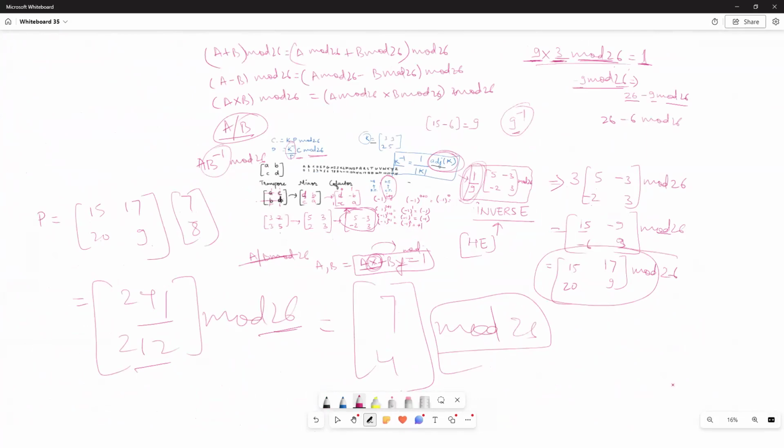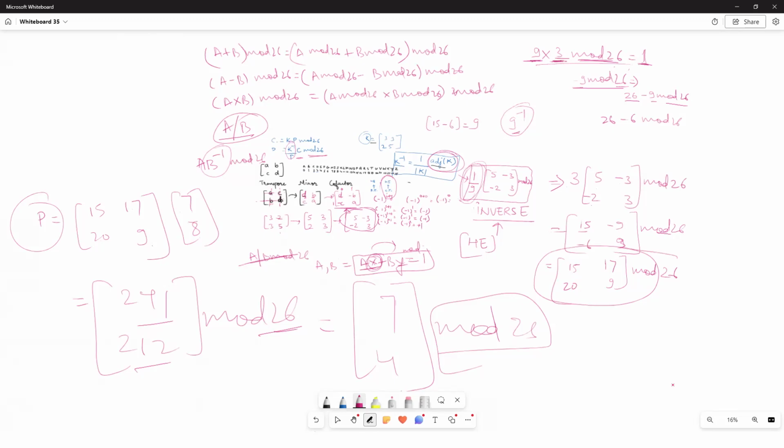So we get the plain text back by first calculating the K inverse, and then multiplying it with the ciphertext under mod 26. If we get back the original text, it means we did our encryption and decryption algorithm fine.